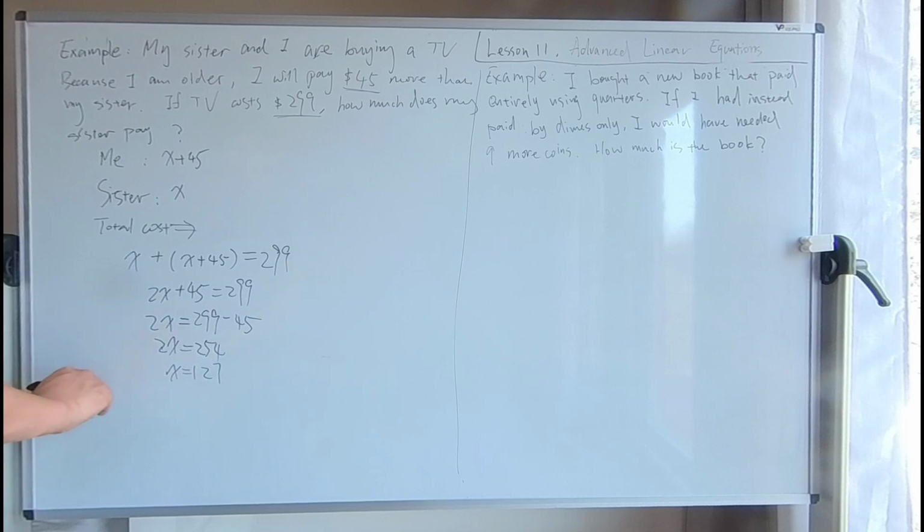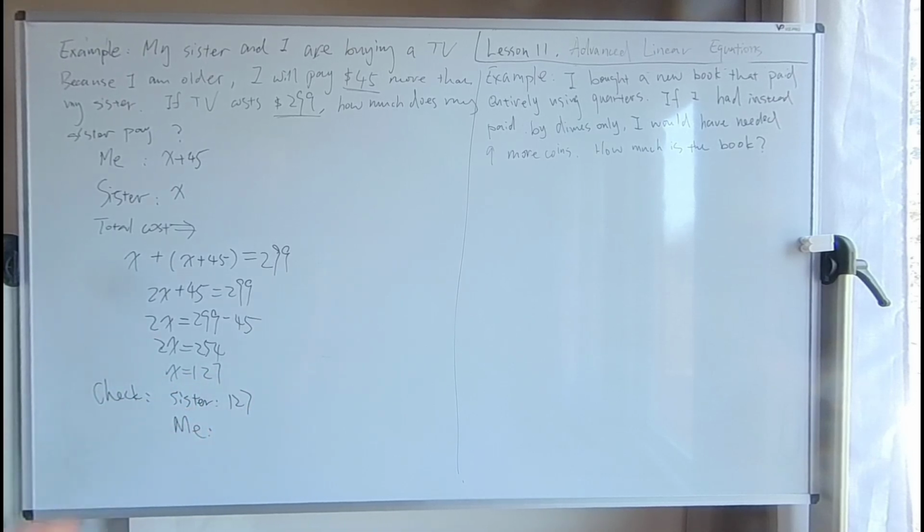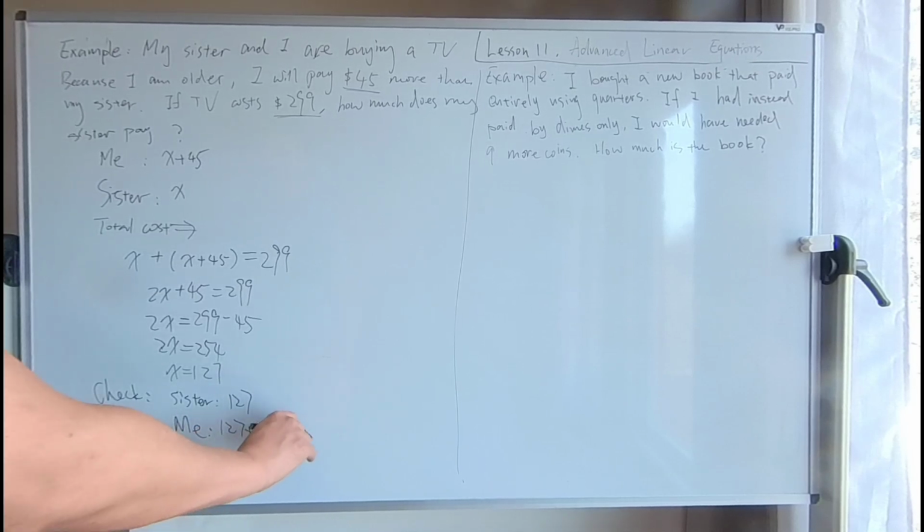Let's check if this solution is correct. If my sister pays 127, this means I'm going to pay $45 more than that, so I'm going to pay $172.